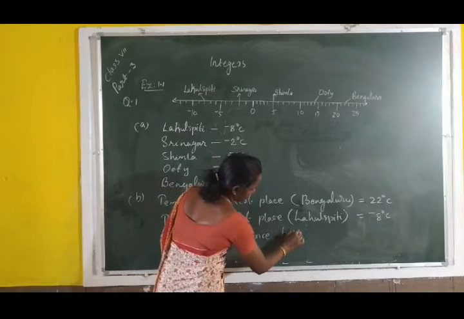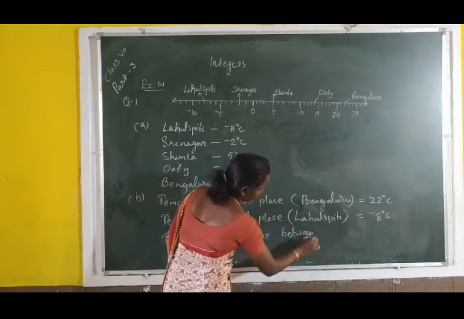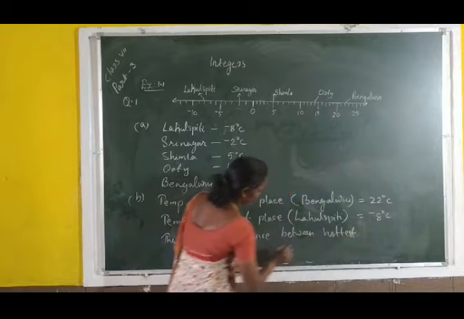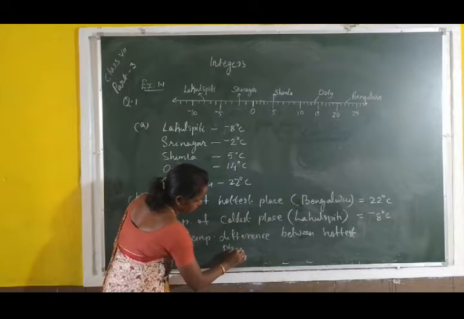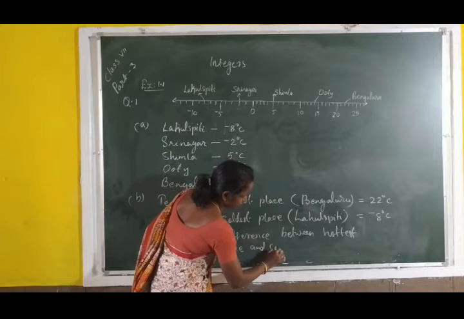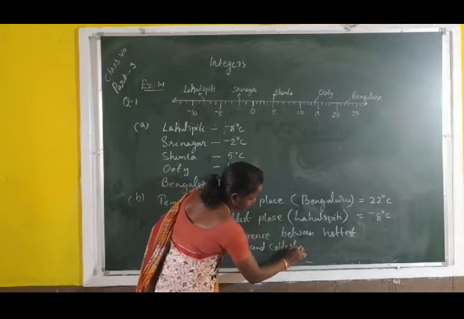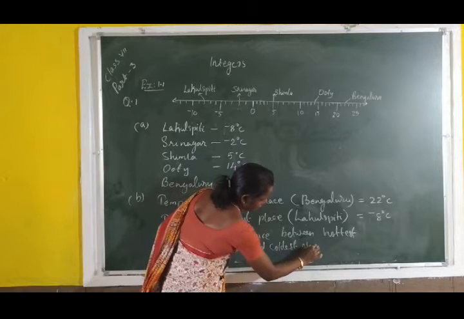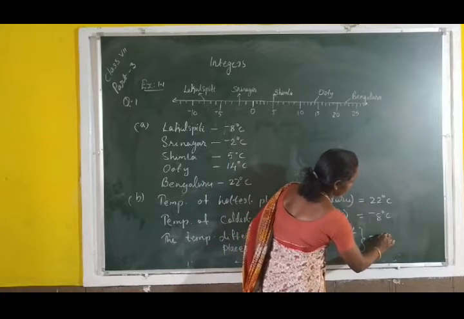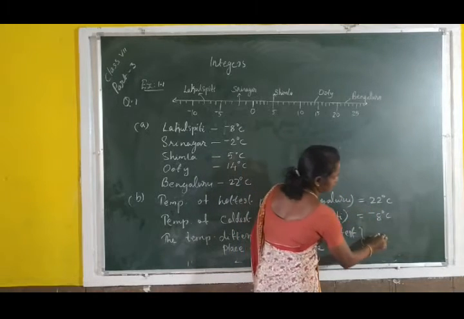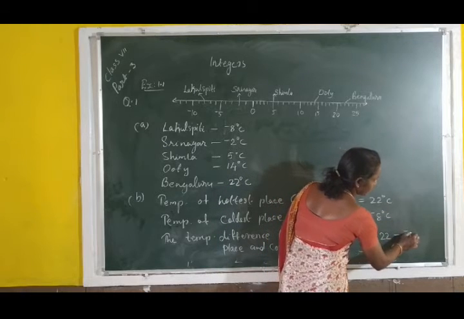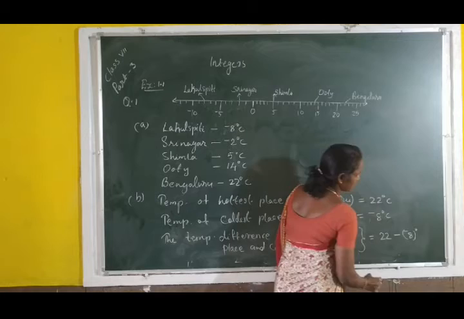Difference between hottest place and coldest place. Negative 8 degree. Then subtract this number.